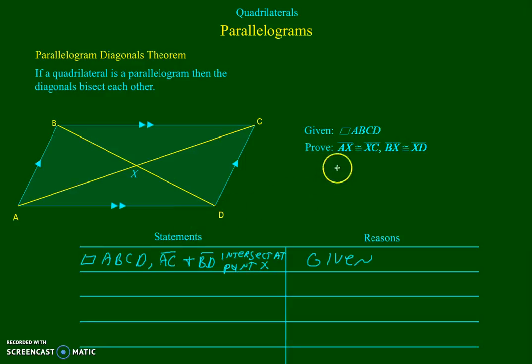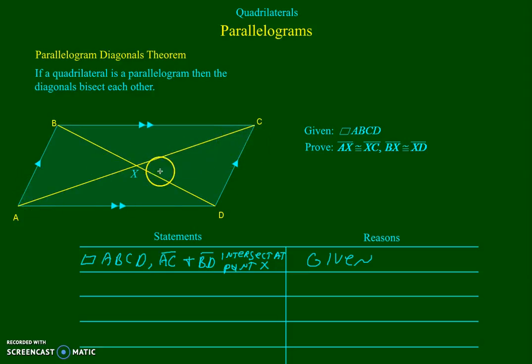Because we have to show that AX is congruent to XC, proving that X bisects AC, and that BX is equal to XD, showing that X bisects BD, we're going to try and prove these two triangles are congruent. And what I see starting off is we have some alternate interior angles here.